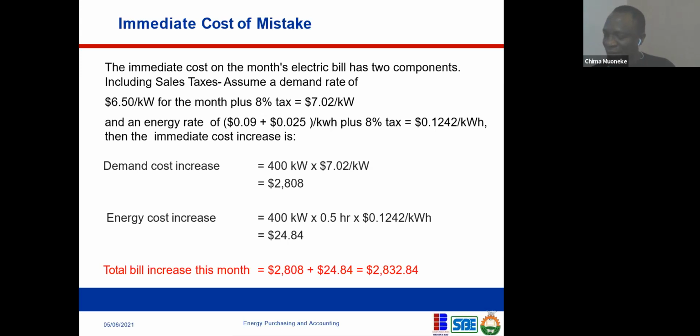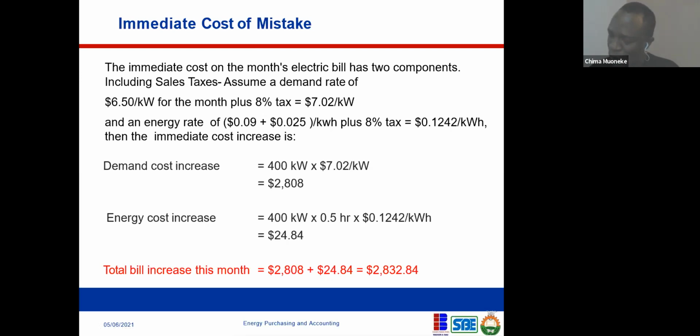Now let us calculate the demand that this guy has imposed on this company. Instead of 400 kilowatts, he now did 800 kilowatts. So 400 additional. We're going to do 400 kilowatts times their demand rate, which here is 6.5.